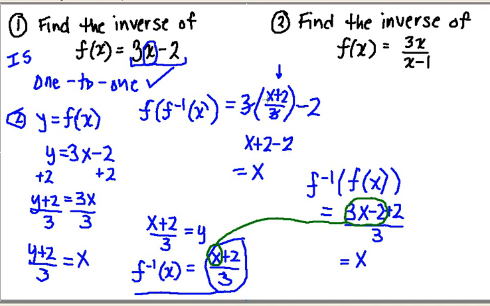Similarly here, I went to my f function, and wherever I had an x, I plugged in my inverse function, x plus 2 divided by 3. And by definition, when I evaluate these, I should always end up with just an x. I will work the second problem in the next video.